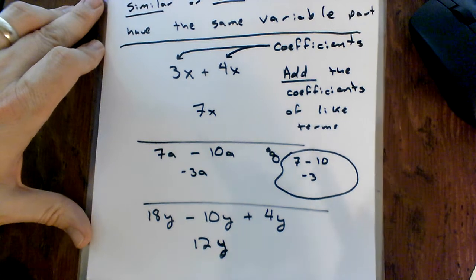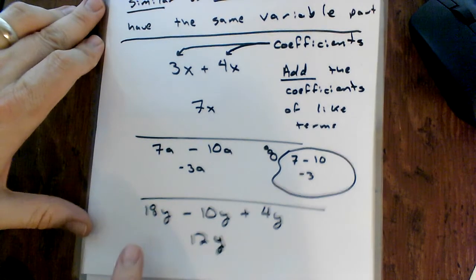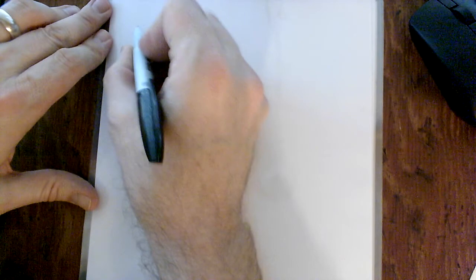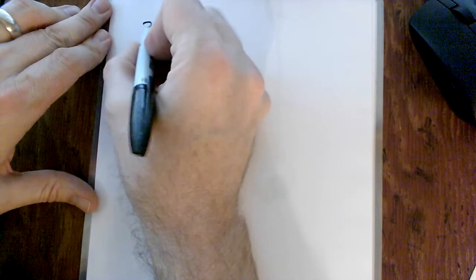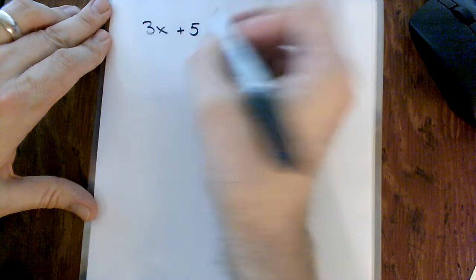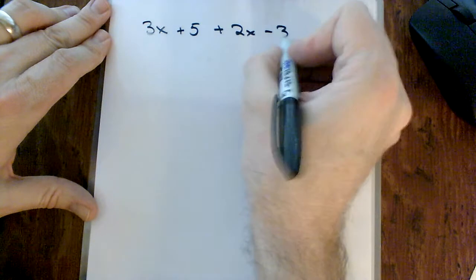Now, like I said, we can add in some other pieces here where I've got more than just my variable terms. Now I'm going to start taking a look at some examples where I've got things that have both. Say we've got 3x plus 5, plus 2x minus 3.